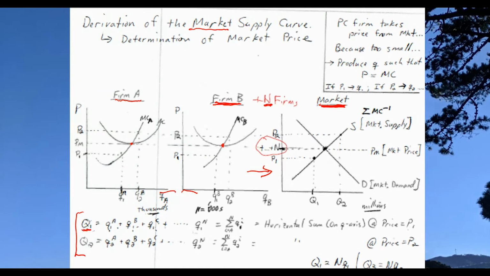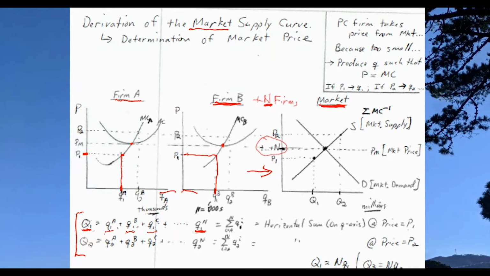Capital Q1, which is going to be the market quantity that's supplied overall at a price of P1, which is listed here, is going to be found in the following way. Q1 is going to be equal to, first of all, Q1A, the amount produced by firm A, plus Q1B, the amount supplied by firm B, that's here, plus C, plus D, E, F, G, all the way out to the nth firm, where N again is in the thousands.